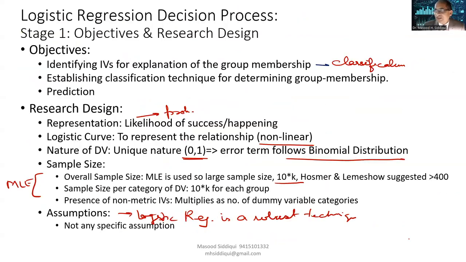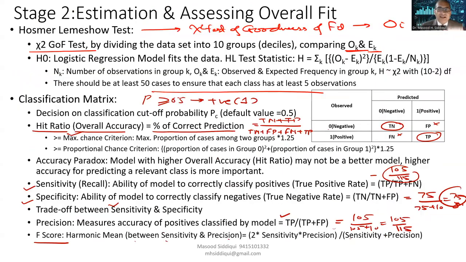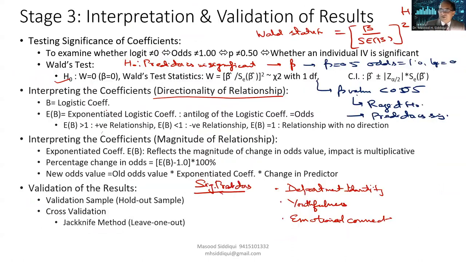So here, instead of interpreting beta, we interpret the exponentiated beta, which is the anti-log of the beta. Since this beta is related to the logit, which was the log of p divided by 1 minus p, it is known as the logistic coefficient, which is not interpretable in that form. So we consider the exponentiated coefficient, the anti-log of the beta, which is connected to the odds.